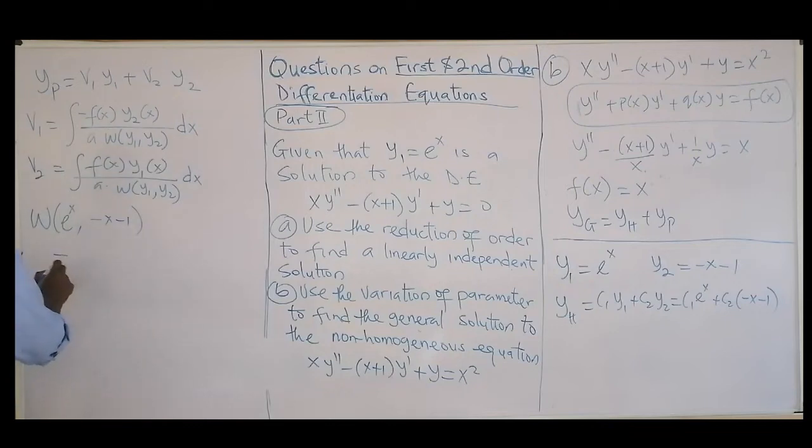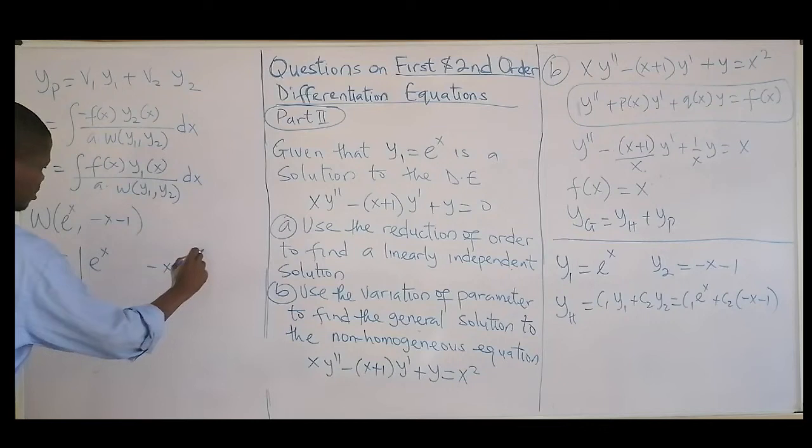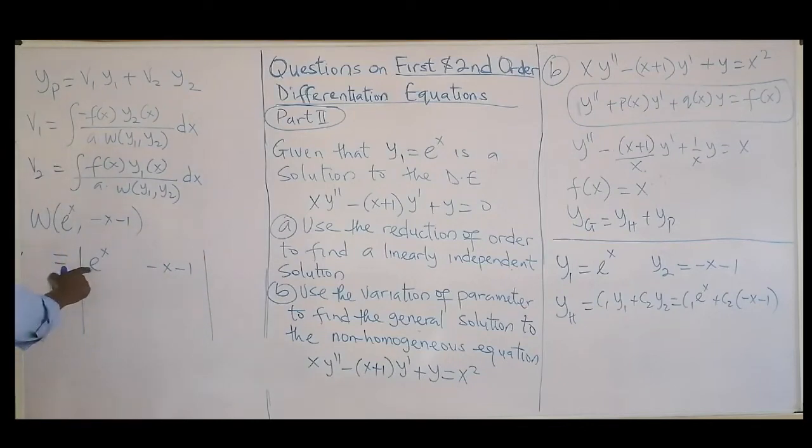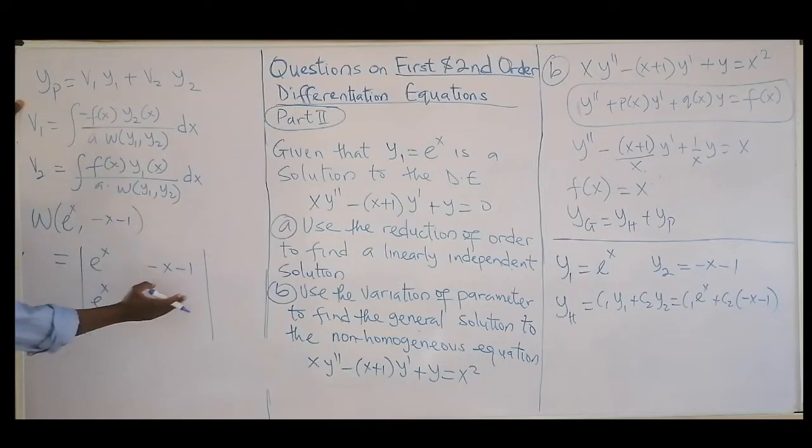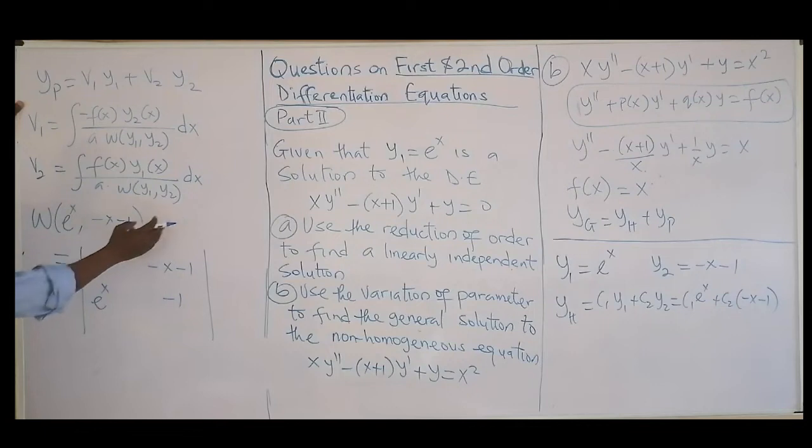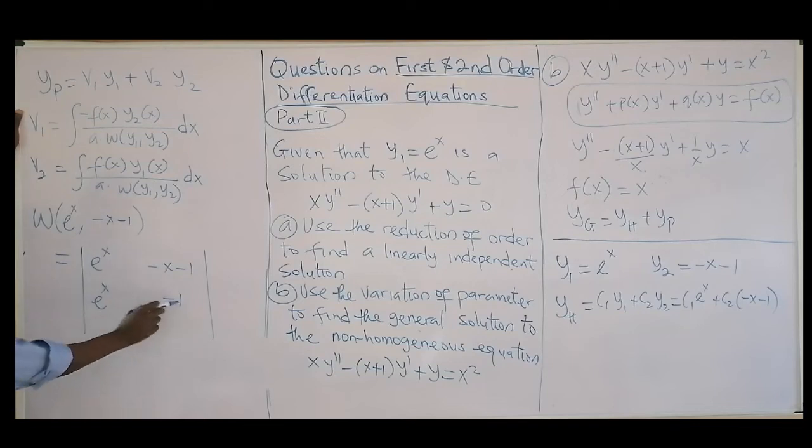So that will be equal to the determinant. That will be this, and then -x - 1. Then the derivative of this is this, and the derivative of this one is -1. If it's two functions, we just do the first differential for the second line. If it's three functions, you do the first one here, you do the second one here. Then this will be equal to this one times this one.